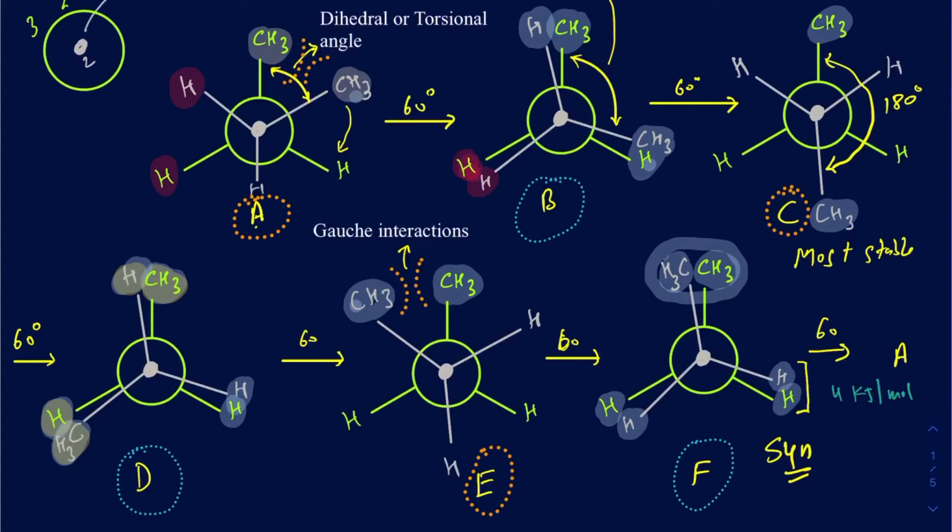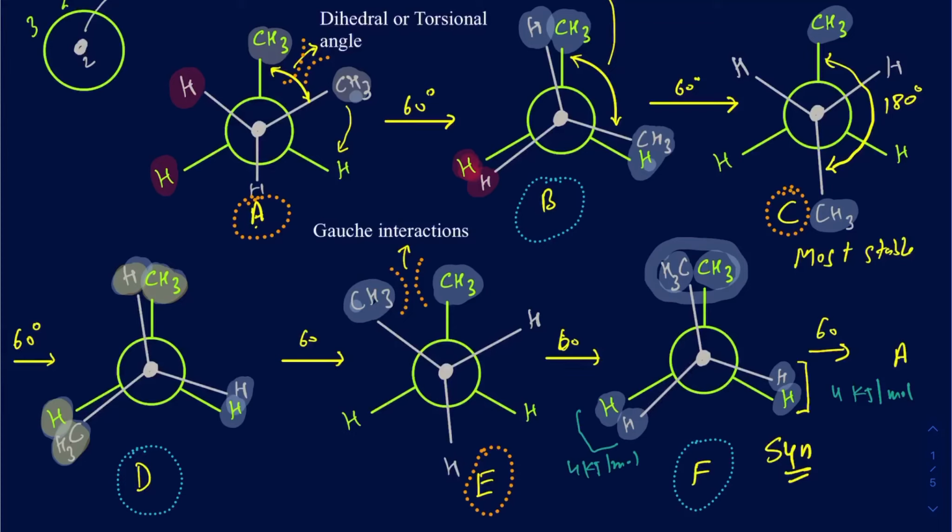So what that really means is, having these hydrogens further away from one another and bringing them closer, it's going to cost you about 4 kilojoules of energy. Or you can also say when they are separated from one another, that particular conformation is going to be 4 kilojoules more stable. And then keep in mind, you also got to account for other hydrogen interactions, like this particular one, which is going to be 4 kilojoules per mole as well.